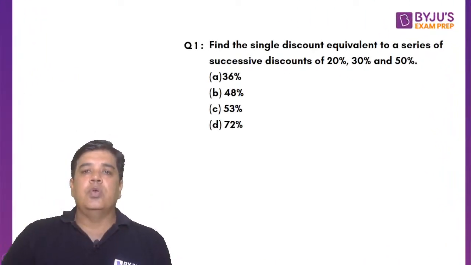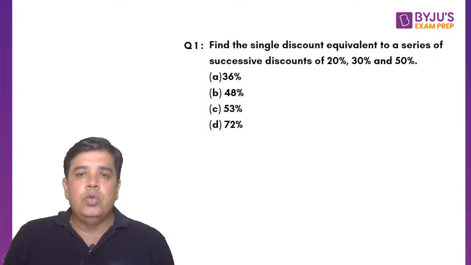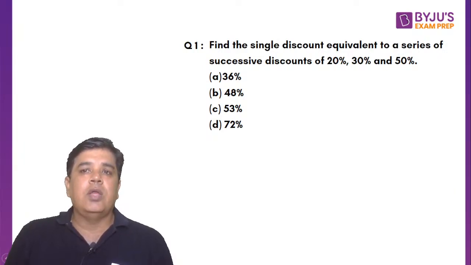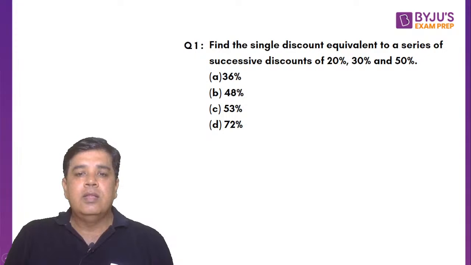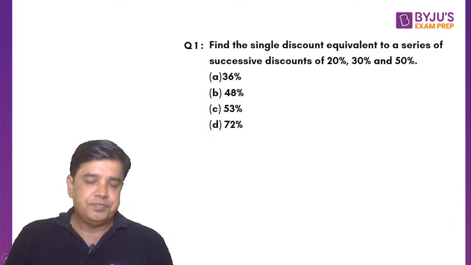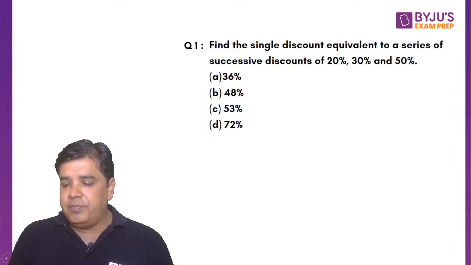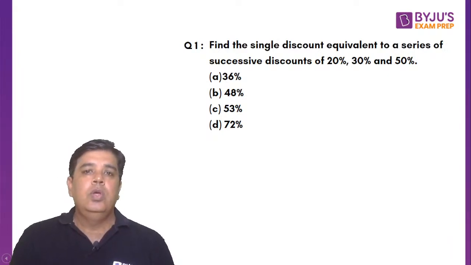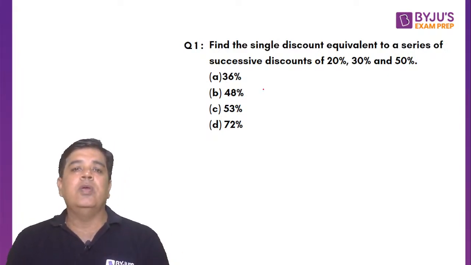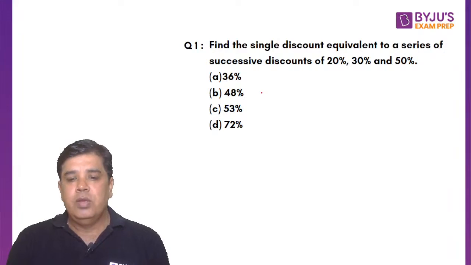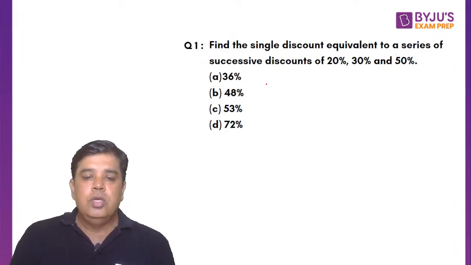Here comes the first question, which is asking you to find the single discount equivalent to a series discount of 20, 30 and 50%. I usually apply a unit method to solve continuous, or you can say successive, percentage changes.